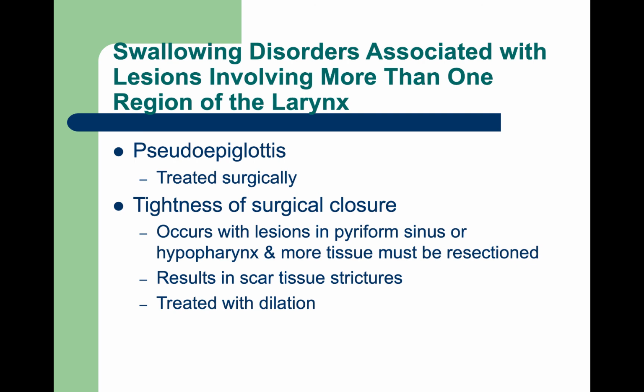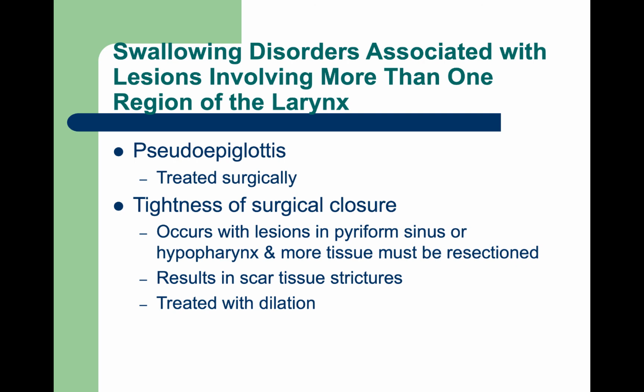When strictures occur or it is too tight, this requires that dilation be done. Dilation is a procedure where patients are asked to swallow increasingly larger sized balloons that are then gradually expanded to help stretch out the stricture.